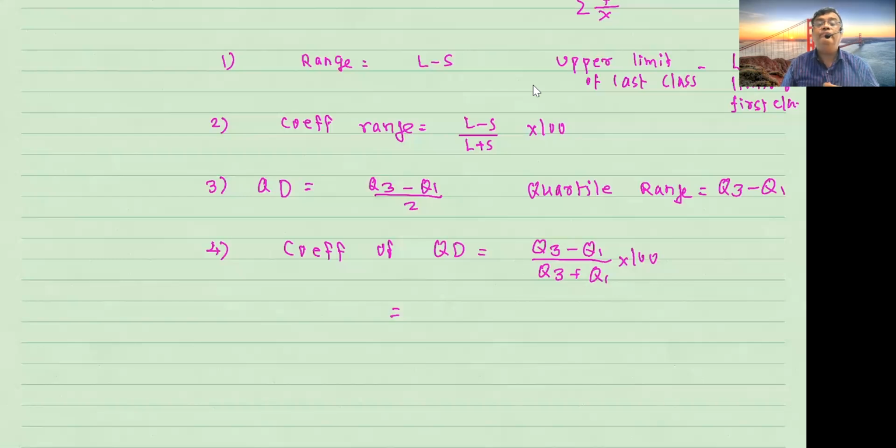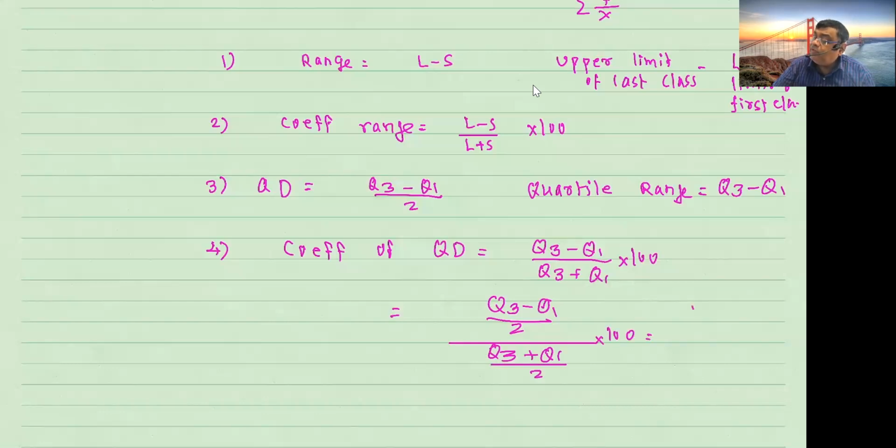Look at me. So I can write this as Q3 minus Q1 upon 2 that divided by Q3 plus Q1 that by 2. थोड़ा एडजस्टमेंट देखो क्योंकि ये एमसीक्यू में लगने वाला है.